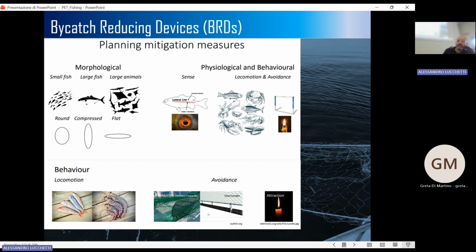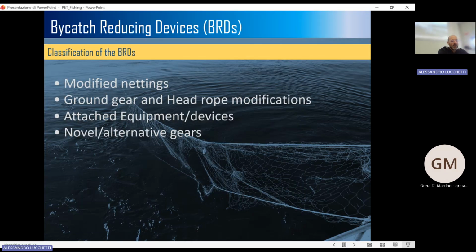Okay. When you're speaking about bycatch reducing devices, we have to consider the morphology of the species that we want to avoid, also the behavior and the physiology of the species. And what we can do is simply modify the net, modify the ground rope, or insert something completely different, a new device in a gear.